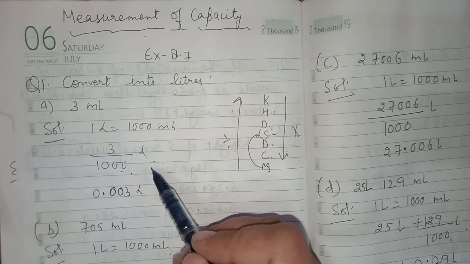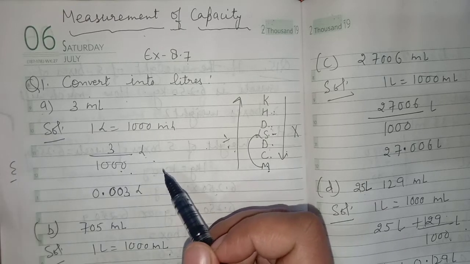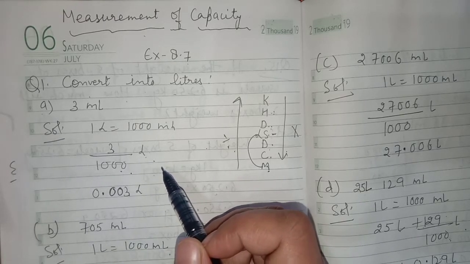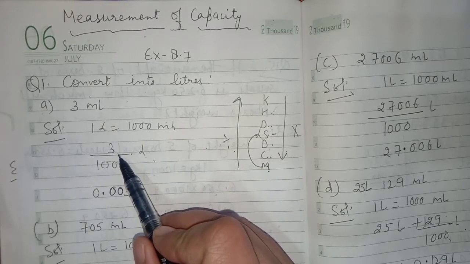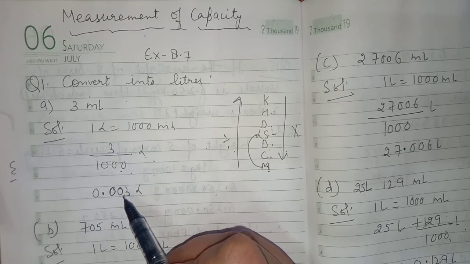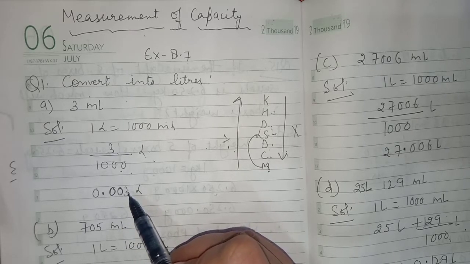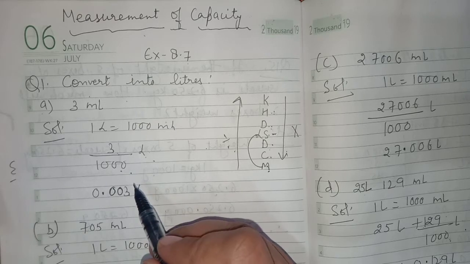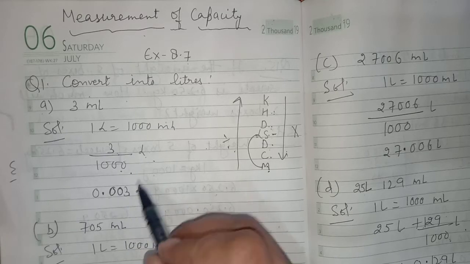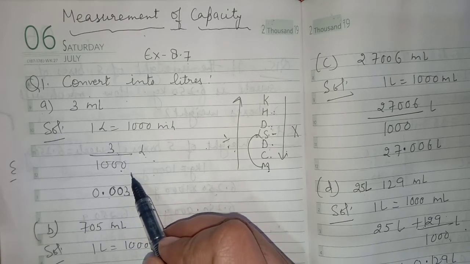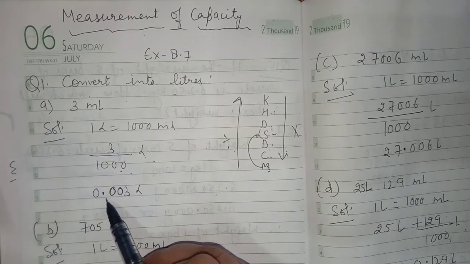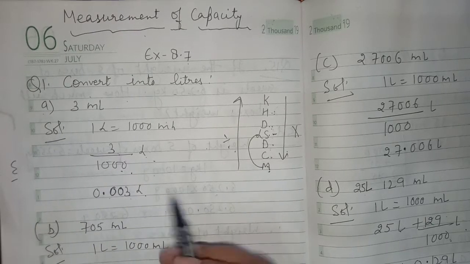Now, whenever we divide a number by 10, 100 or 1000, we need not go for the long division method. You write the numerator and then put 2 zeros before it if you don't have 3 digits, because you have to have 3 digits after the decimal if the denominator has 3 zeros. So the answer will be 0.003 liter.